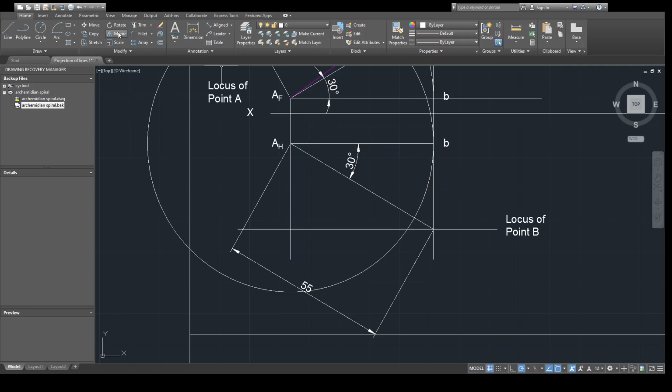Yes, I will trim the extra lines. So I will break this circle.